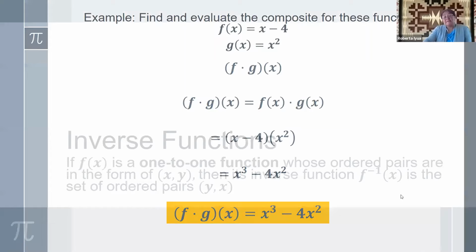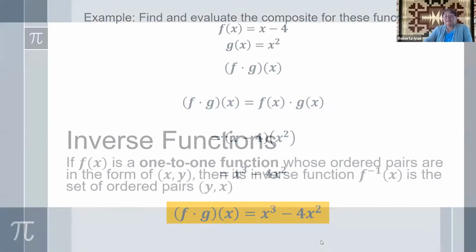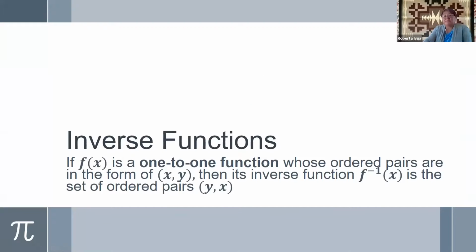Next slide is the inverse functions. If f of x is a one-to-one function whose ordered pairs are in the form x, y, then its inverse function, f inverse, is the set of ordered pairs y, x.